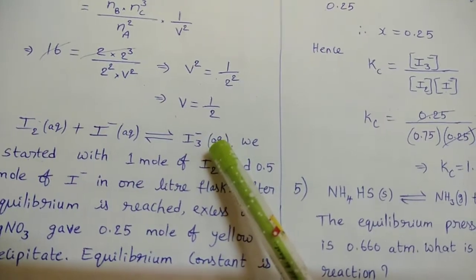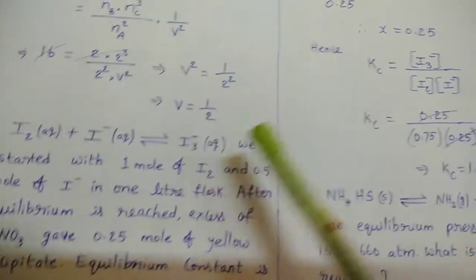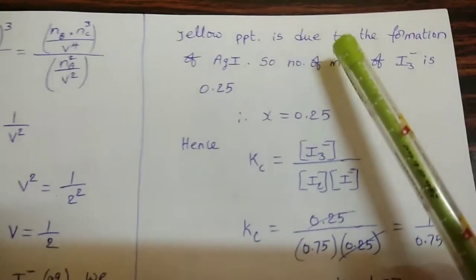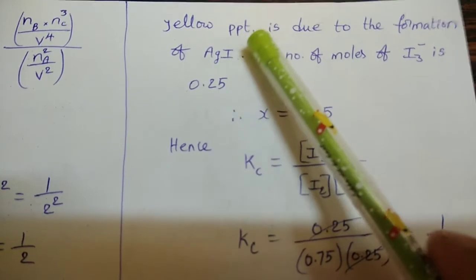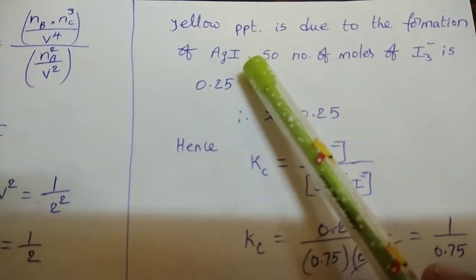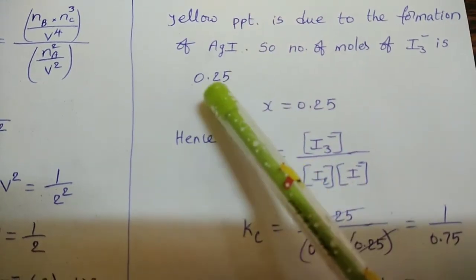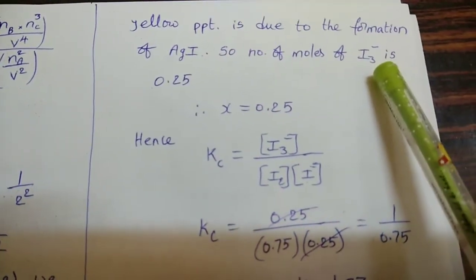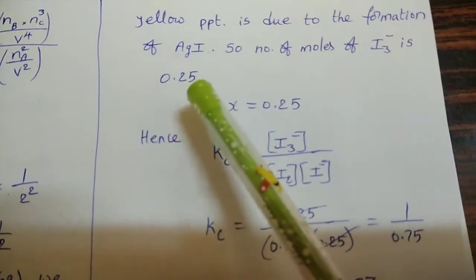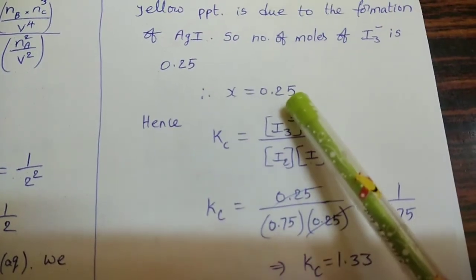Then this I3 minus reacts with that AgNO3 and forms AgI, which is yellow in color. That means AgI having yellow color is formed in the form of precipitate. So this yellow precipitate moles 0.25 means the number of moles of I3 minus at equilibrium is 0.25. That means X equal to 0.25.